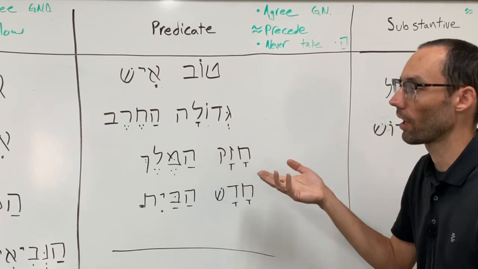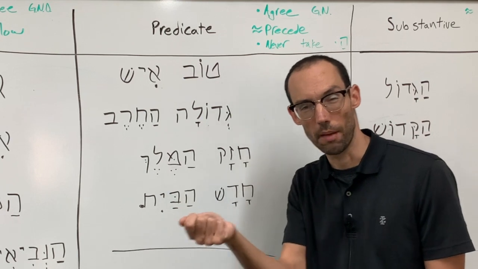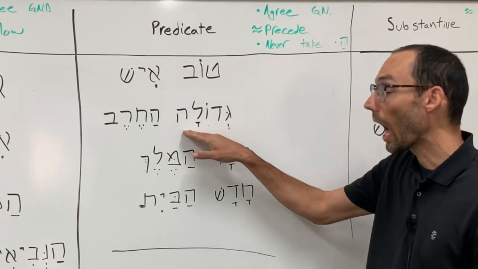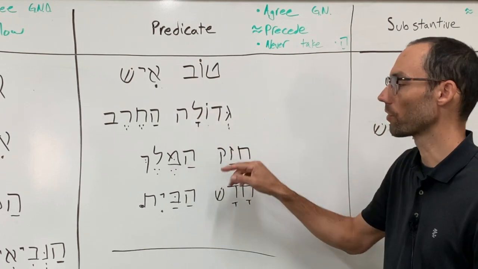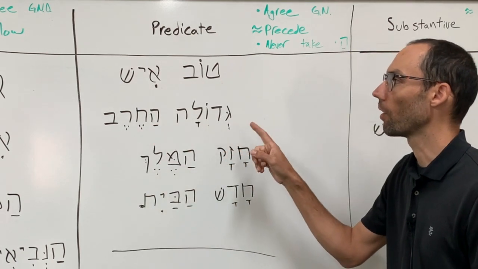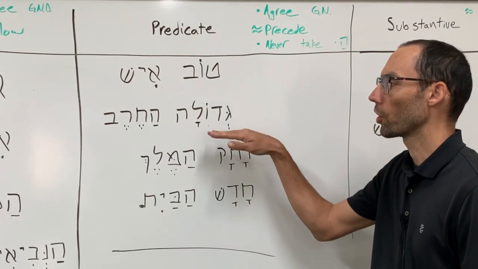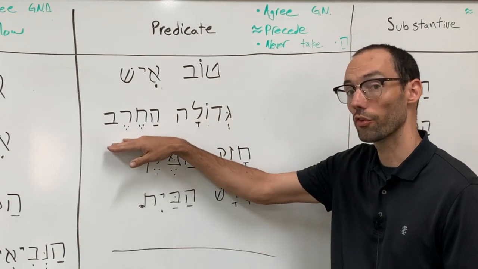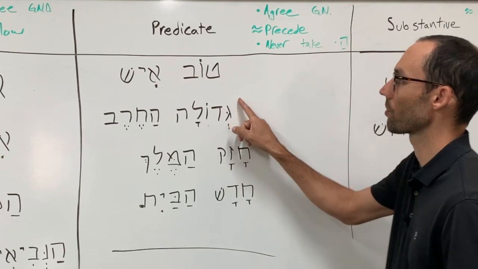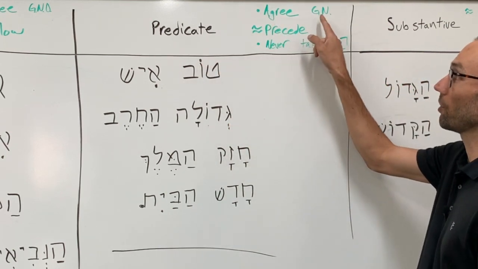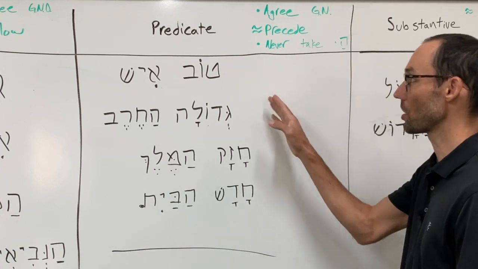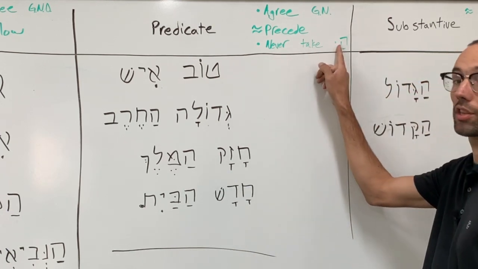A feminine word. Cherev is sword, or perhaps dagger, and that's feminine. So, Gedolah, again, because we're adding a syllable, this shortens. Gedolah hacherev. So, great is the sword. Now, notice that it does not agree in definiteness. So the predicate position agrees only in gender and number. It does not agree in definiteness because the predicate position never takes the definite article.